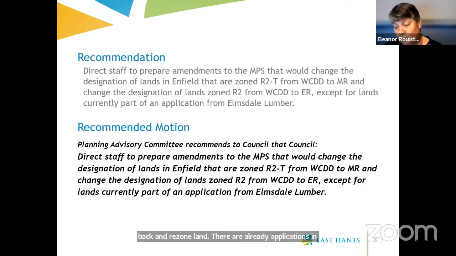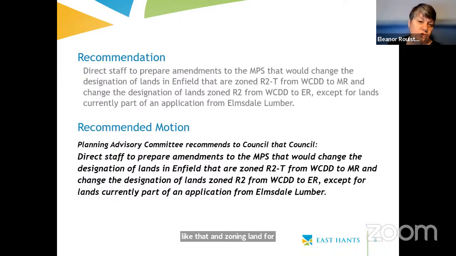But in that bigger picture, when we look at zoning land for R2T, for example, then John Q. Public looks at the zoning and thinks, oh, that's R2T, that's townhouse, that's okay, I'm content with that.